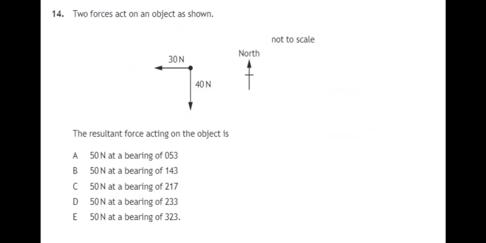Number 14. Two forces act on an object as shown. The resultant force acting on the object is, well, if we look at these two forces, we can consider that the object will be forced down towards the bottom left of the screen in that sort of direction. We can complete a right-angled triangle where the two shorter sides are 40 and 30, and the hypotenuse is the overall force that we're trying to find out.